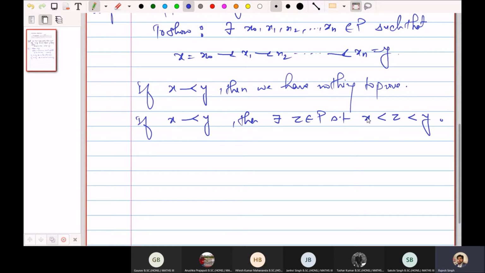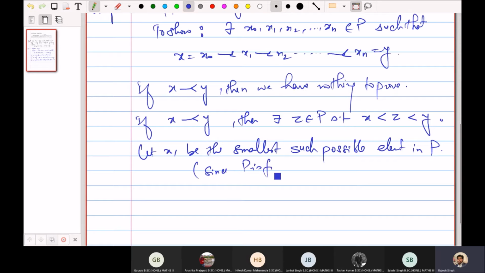So now what we will do, we will let x1 be the smallest such possible element in P, because x0 is our x. Okay, we can choose the smallest element because P is finite.